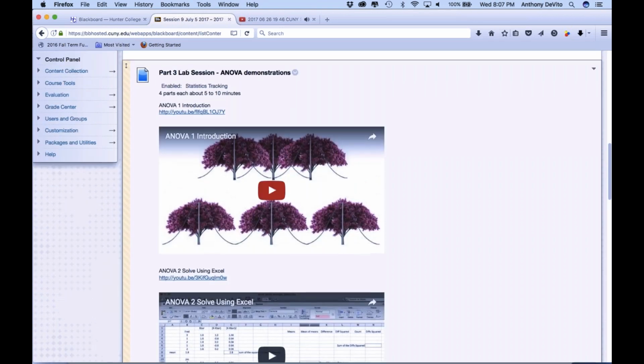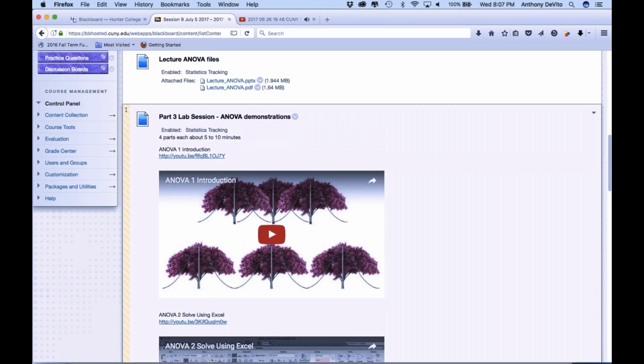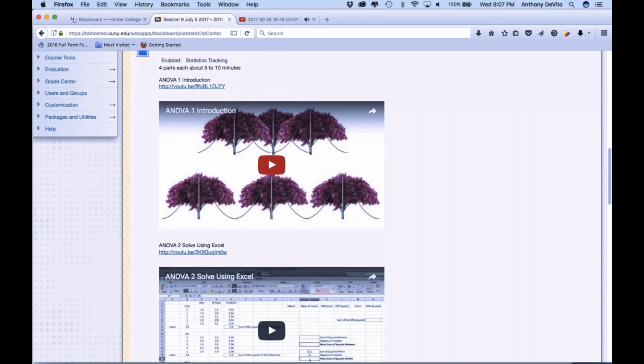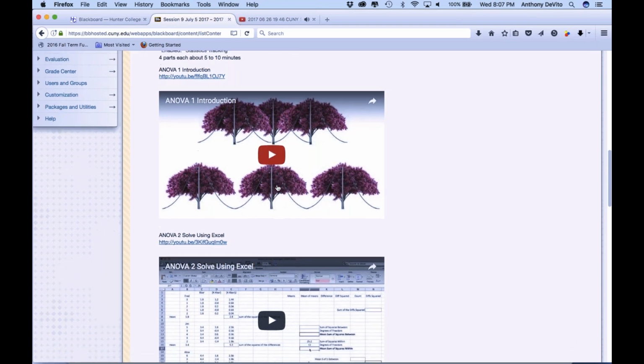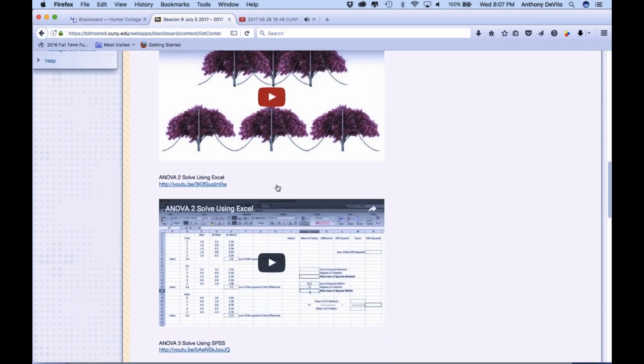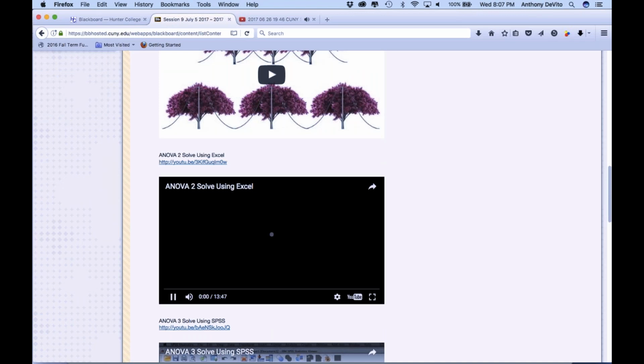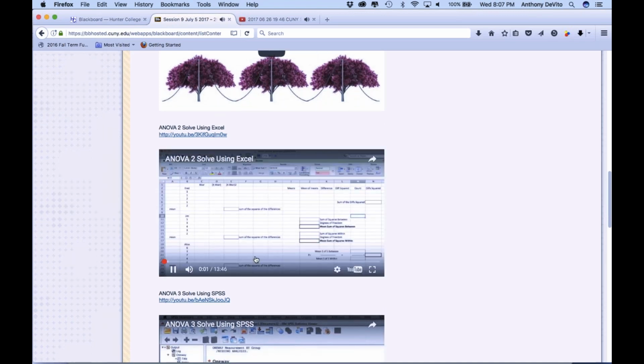If you go down here in the bottom part, these are three demonstrations. This first one, it's 4 parts, is a hokey way that I put together of explaining this. This second video is an actual calculation of this quantity called analysis of variance by using Excel. I'm not going to expect you to do that.